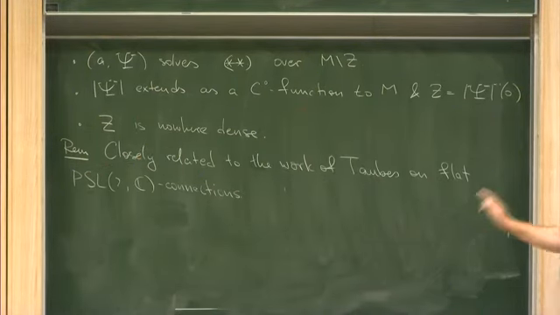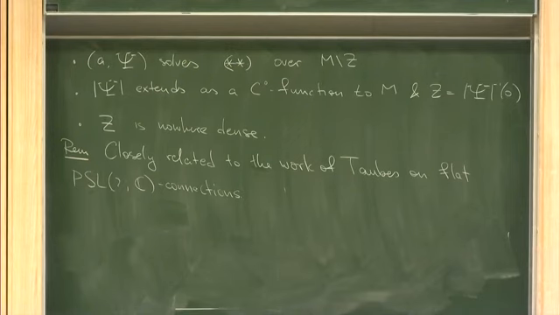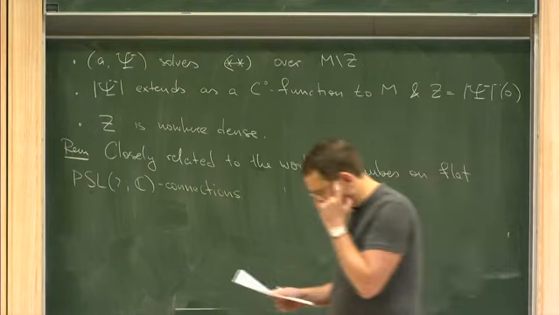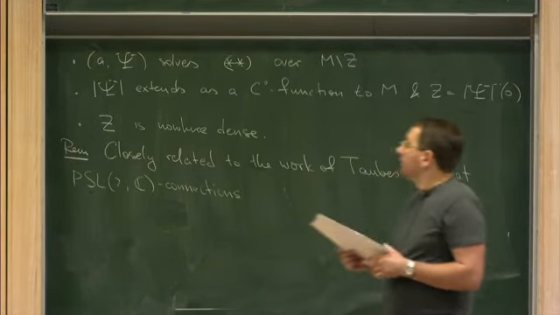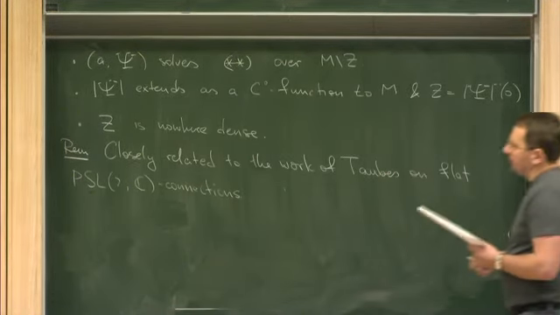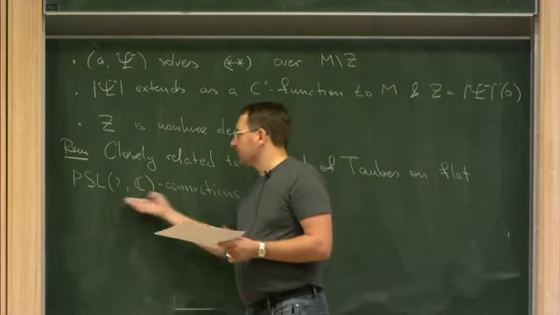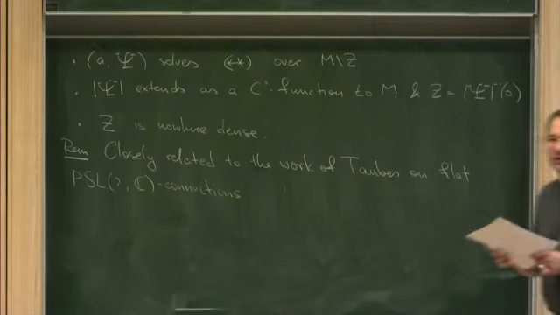In fact, we just borrowed his idea and his methods of proof, and essentially what he did in the case of flat PSL2C connections, we did for the Seiberg-Witten equations.